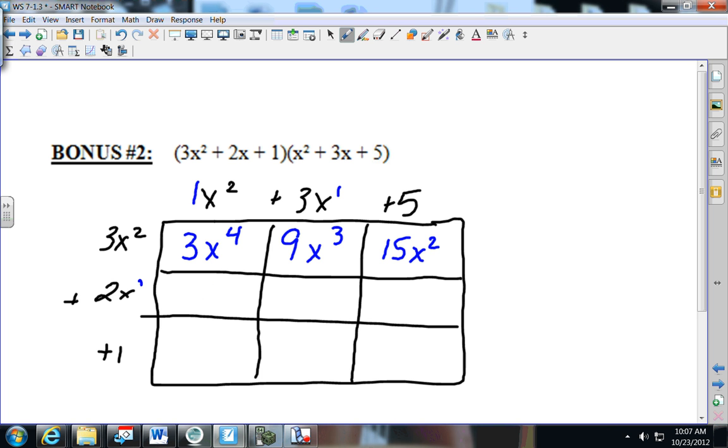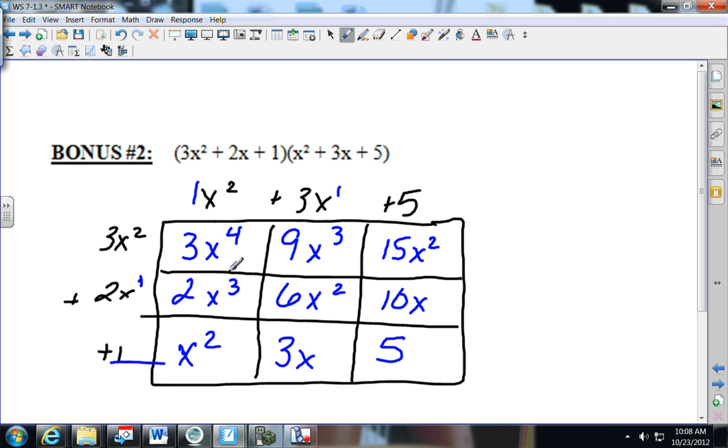This has a 1 on it. 2x times x squared. 2 times 1 is 2. x to the first power, x to the third. 2 plus 1 is x to the third power. 2 times 3 is 6. x times x is x squared. 2 times 5 is 10, and then to the x power. 1 times x squared is just x squared. 1 times 3x is 3x. 1 times 5 is 5.